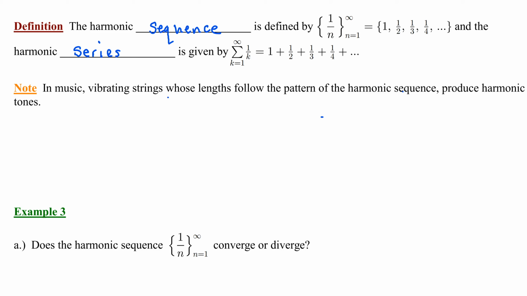Now this is called the harmonic sequence or the harmonic series because of its relationship to harmonies in music. If you're a musician, if you play an instrument, you probably have a really good understanding that there's a lot of ratios and patterns and interesting symbols that are used. Music is very algebraic.